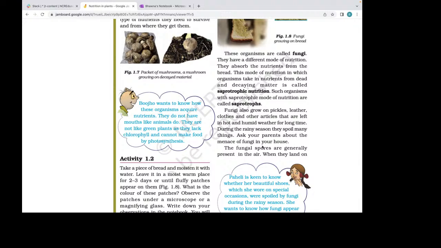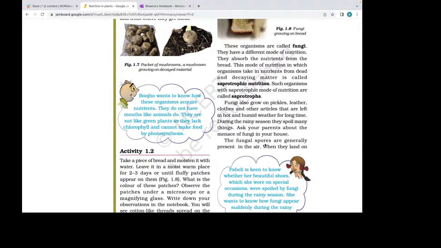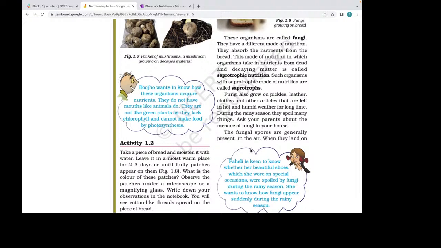So we have learned about saprotrophs and we have figured an example which is very common. So now the fungal spores are generally present in the air. So जो fungal spores होते हैं वो हवा में present होते हैं.